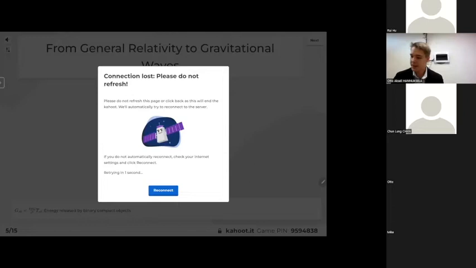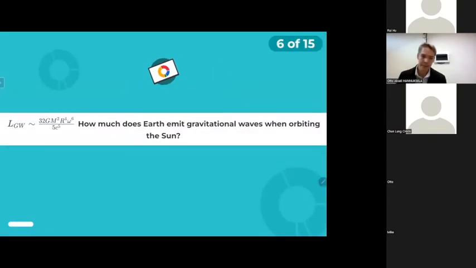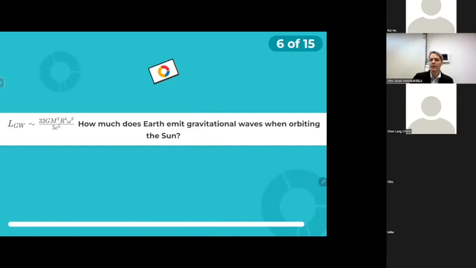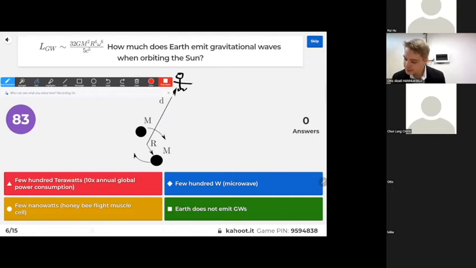So if you take the phones up again, then you can find the next poll, which is: how much does Earth emit in gravitational waves when orbiting the sun? I can give you a bit of a hint here, which is that omega is, of course, 1 cycle per year.